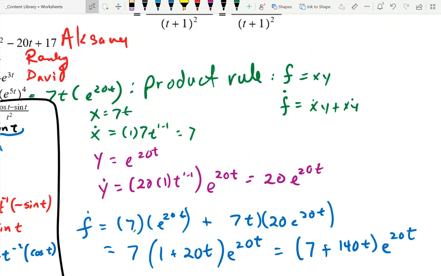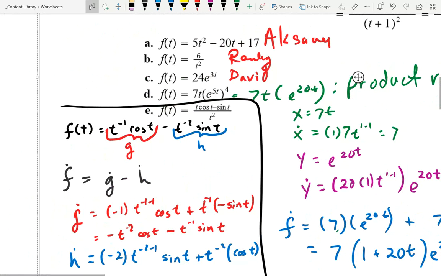Because I did the product rule explicitly here, I'm not doing it quite as explicitly, but I have two things in each case. For G, I had t to the minus 1, and you take the derivative of the function, so minus 1 t to the minus 1 minus 1 is the derivative of t to the minus 1. I multiply that by cosine t, and then I put t to the minus 1 times the derivative of cosine t, which is minus sine t.